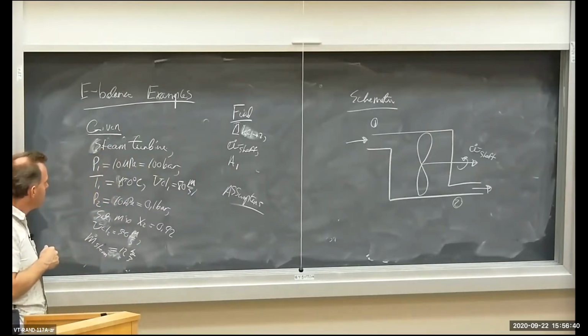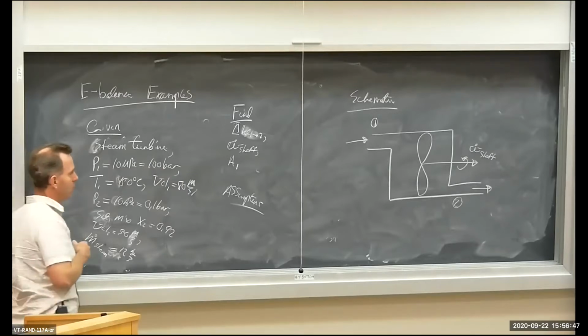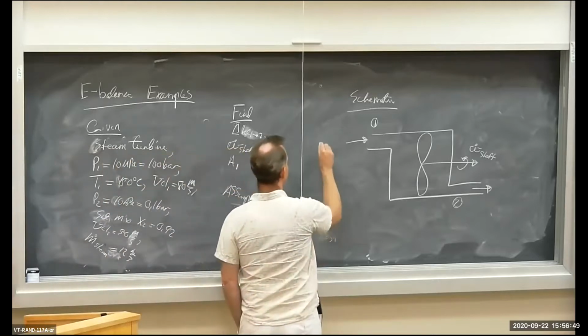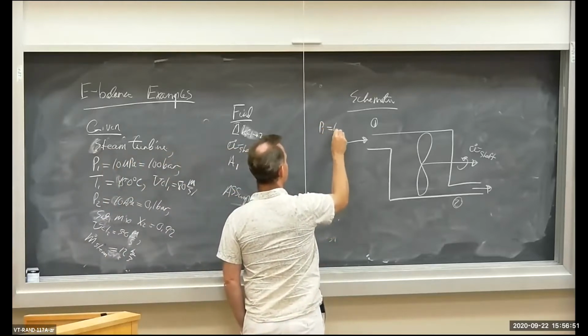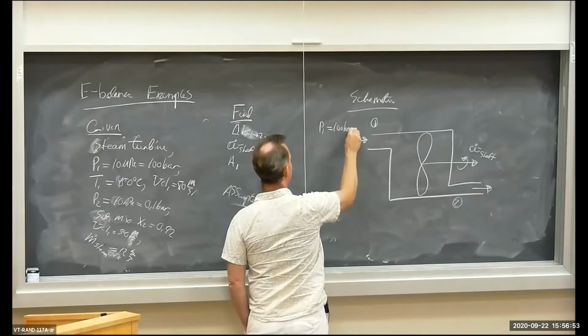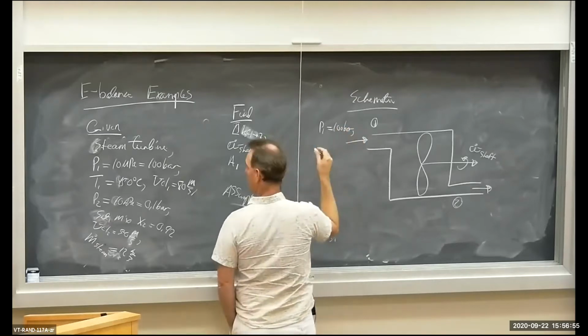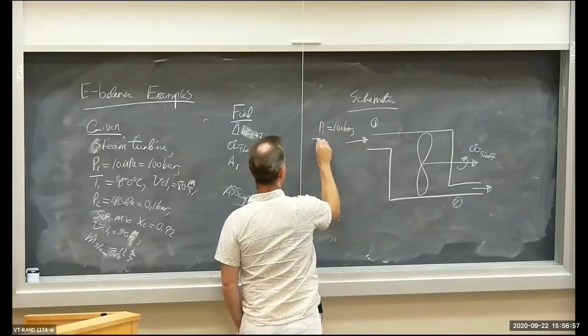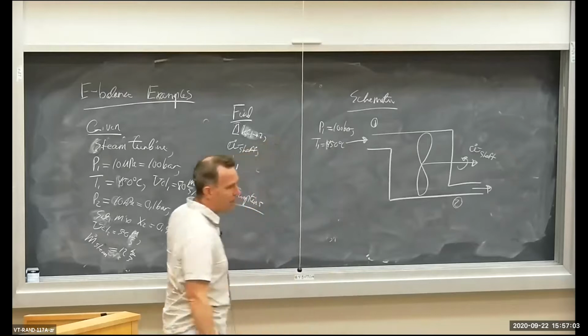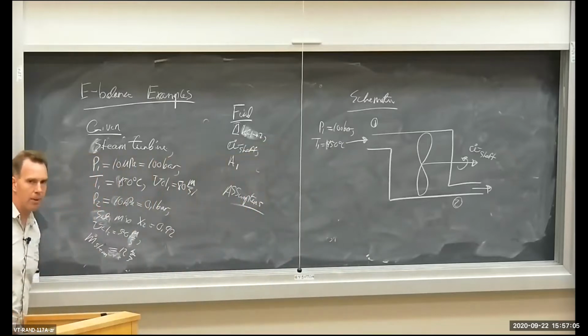Of course, there's a propeller or a turbine in there that's extracting shaft power. The inlet pressure is 10 megapascals, and that turns out to be 100 bar. So P1 is 100 bar. Very high pressure, 100 atmospheres. The inlet temperature T1 is 450 degrees C. Probably going to find that it's superheated steam once we actually go to steam tables.